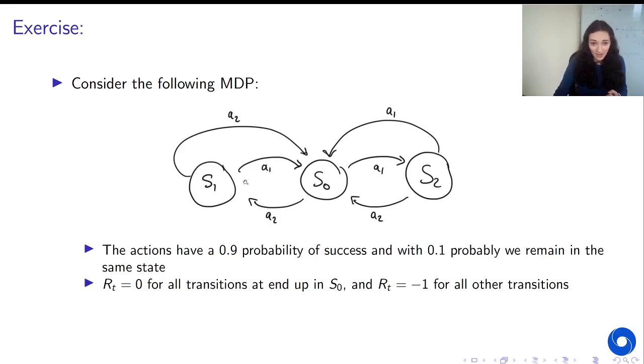So if I'm taking action 1 in state 1, I'll have a 0.1 probability of transitioning to S0, but I would have a 0.1 probability of just looping back and staying in that state. Okay, for all transitions that end up in state 0, so at the beginning, and the transition to itself, the reward is 0. For all other transitions, the reward is -1.